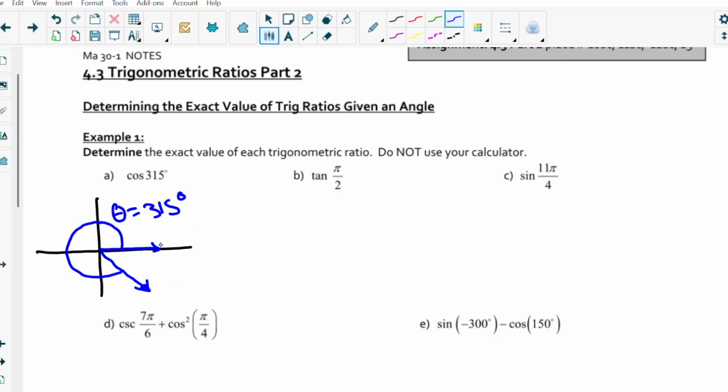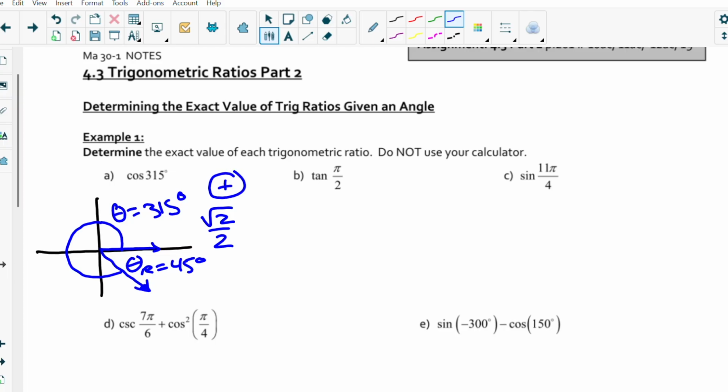What's that reference angle? The reference angle here is 45 degrees, so that value for a reference angle of 45 degrees is square root of 2 over 2. And it's a cosine value in quadrant 4, so that's why it is positive.